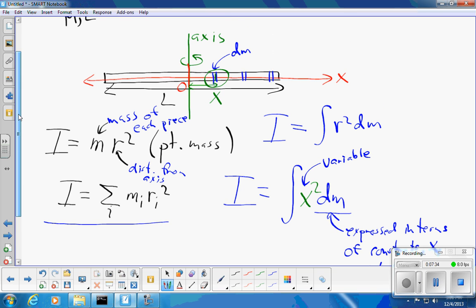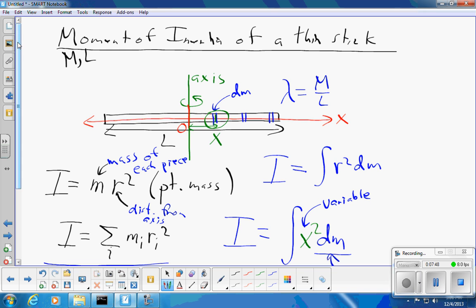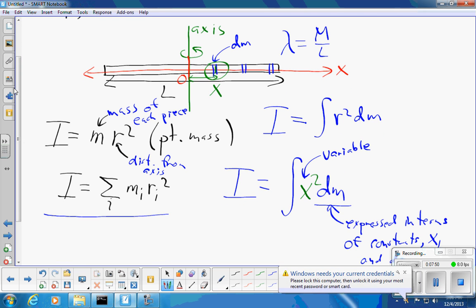I find it convenient to describe the mass distribution of the stick using the variable lambda, the linear mass density, mass over length. It is assumed, I believe, and they never said this, that the thin stick is of uniform linear mass density. It's a uniform stick. And so that means that the mass of one of these little tiny pieces, dm, is equal to the linear mass density times the length of that little piece.